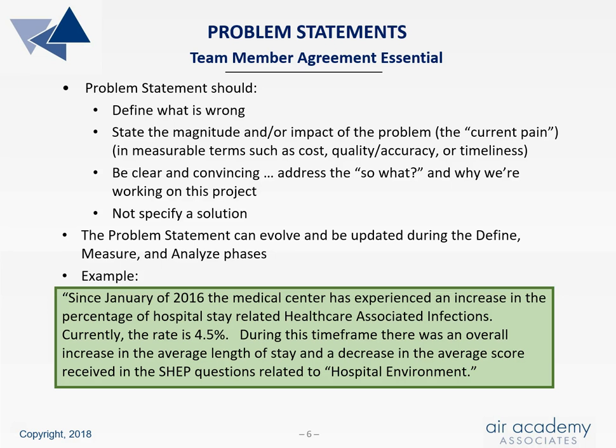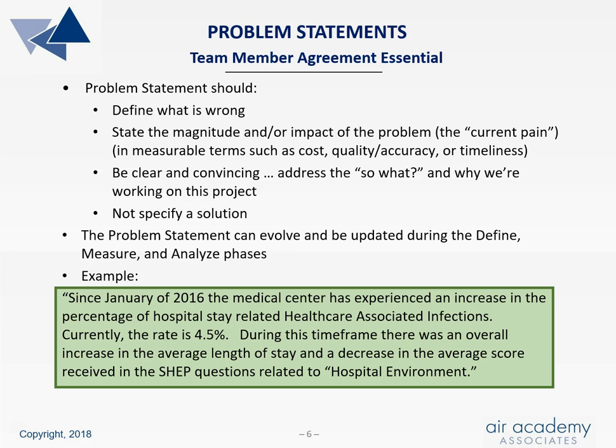State the magnitude and or impact of the problem. In other words, the current pain that is being felt. And it should be in measurable terms such as cost, quality and accuracy, or timeliness. Be clear and convincing. Address the so what and why we're working on this project. Do not specify a solution.